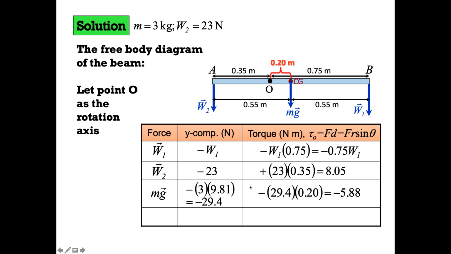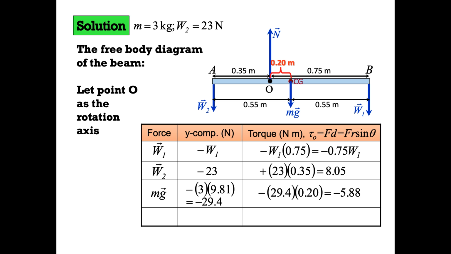So force 29.4 times 0.2. It is perpendicular, so we don't need to resolve the force. Next is direction. The direction of this torque is clockwise, so it will be negative. You will get negative 5.88.